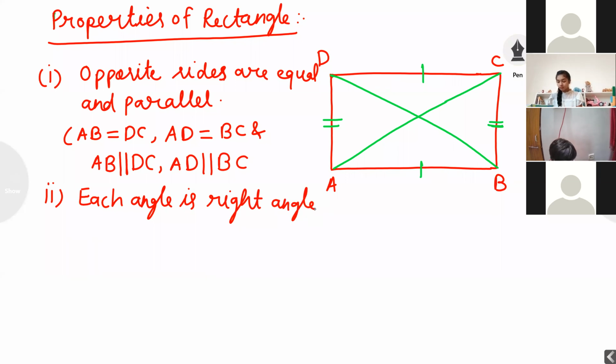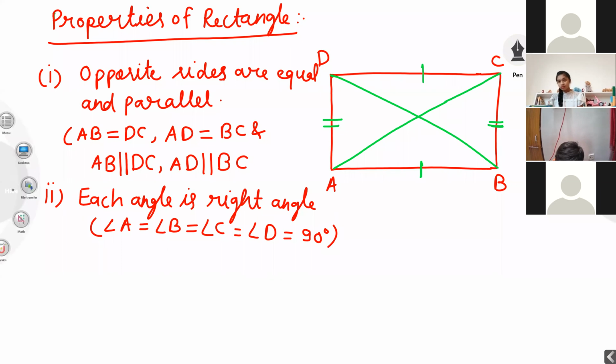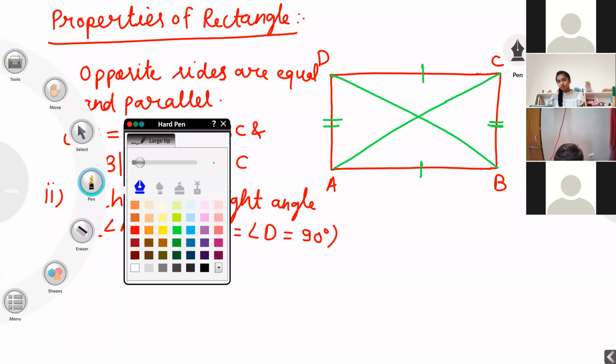Means I can say angle A is equal to angle B is equal to angle C is equal to angle D is equal to 90 degree. Slanting L is called angle symbol. Slanting L, don't say that is LA, LB, that is angle symbol, right?